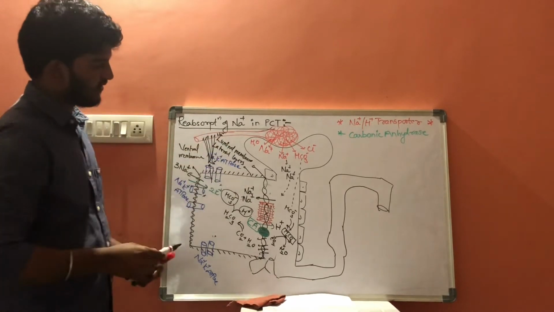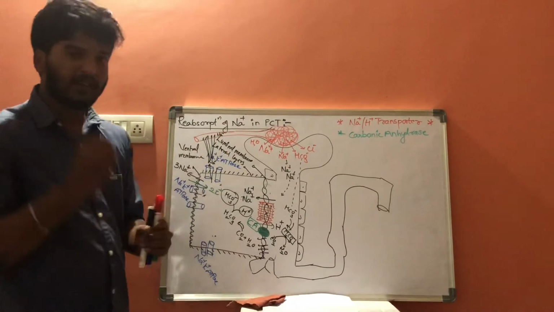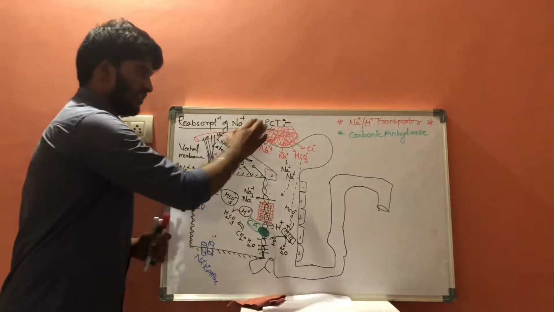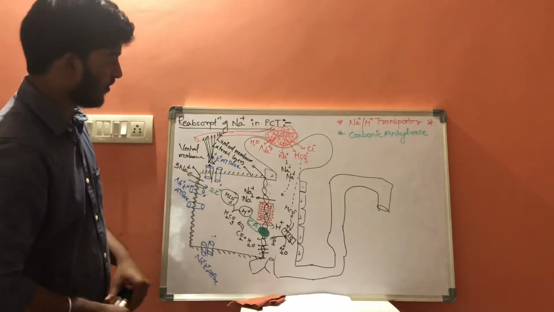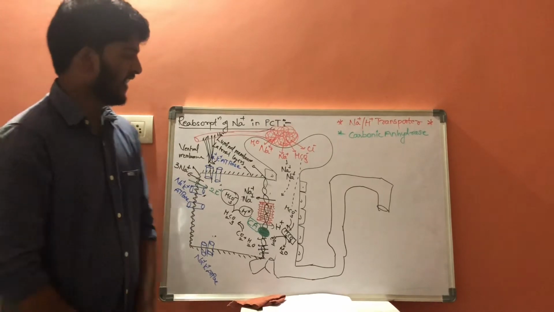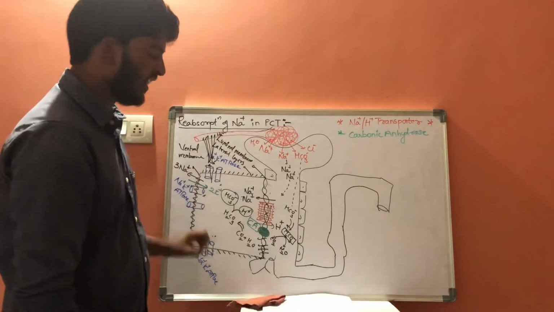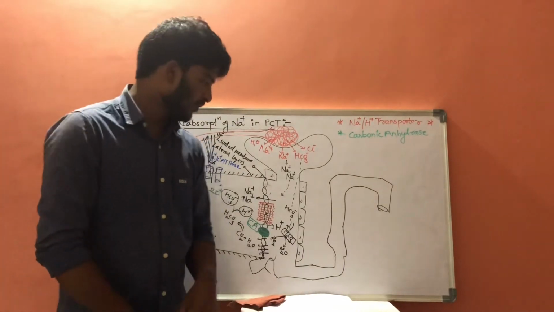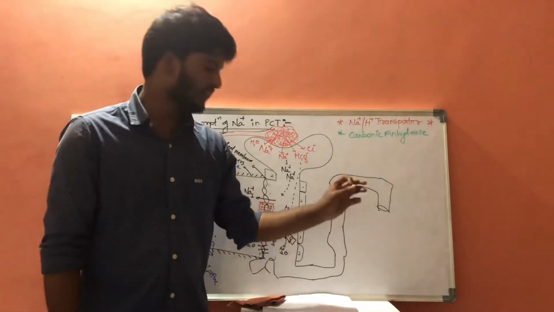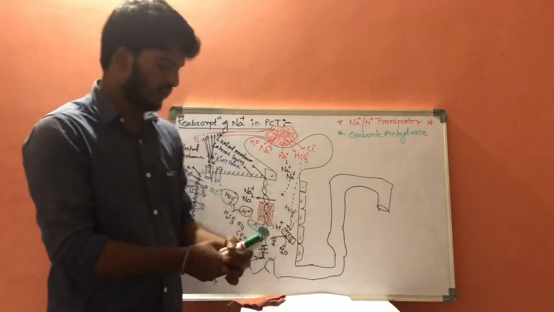So inside the blood vessels, the sodium concentration will be increased. In this way, reabsorption of sodium takes place at the site of the PCT. This is the normal physiology. Now, in case of diuretics used in these areas, the main motto is to increase the sodium concentration within the urine. So here it is the urine.